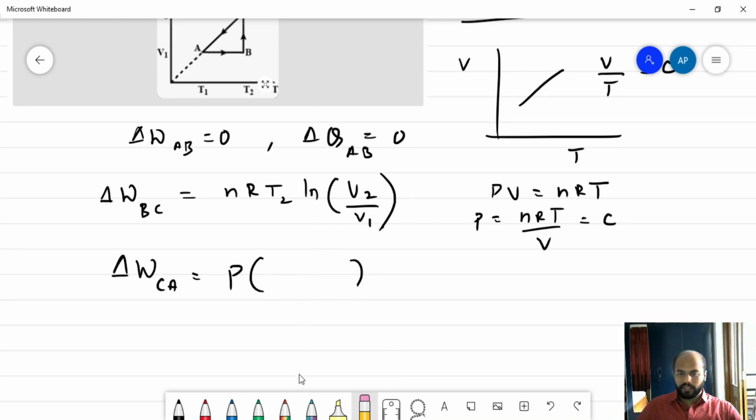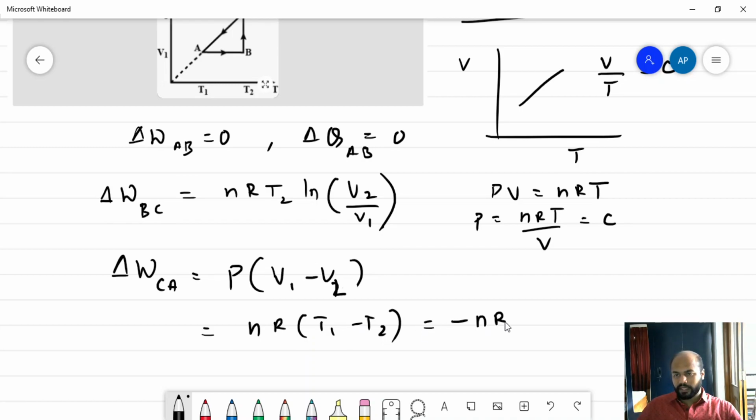Of course, this has to be written as P (V1 minus V2), or in the other case, we can also write it as nR (T1 minus T2). But this is going to be written as minus nR (T2 minus T1).